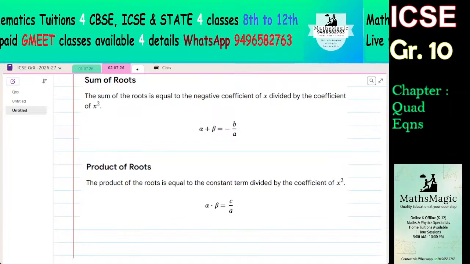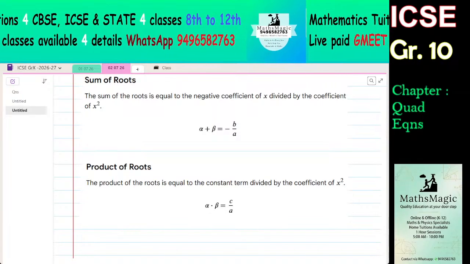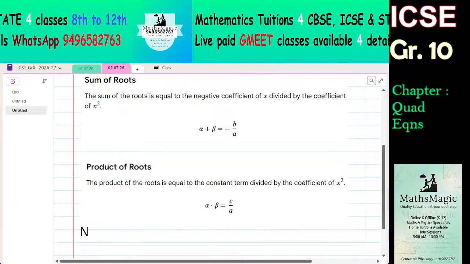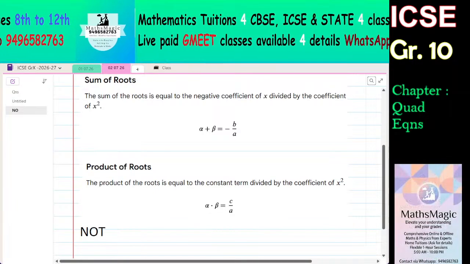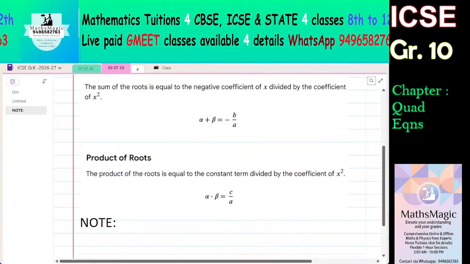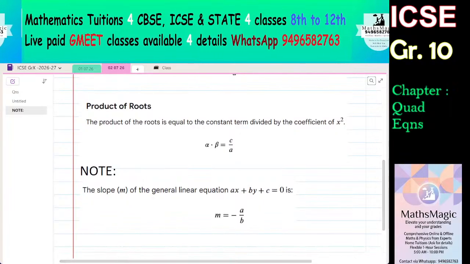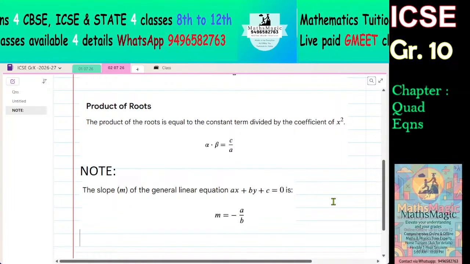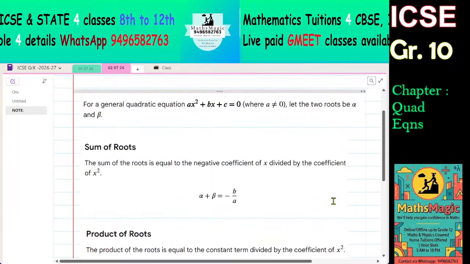And to add a note to that, don't get confused with this formula. Slope of a general linear equation ax plus by plus c is minus a by b. Don't get confused.